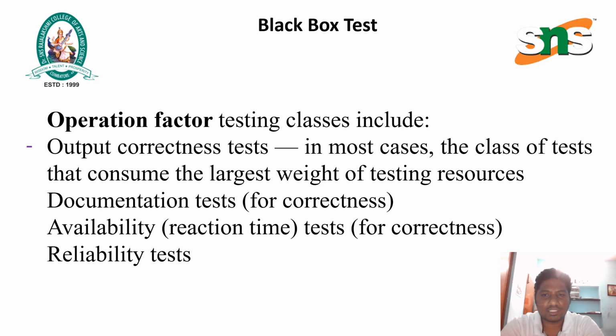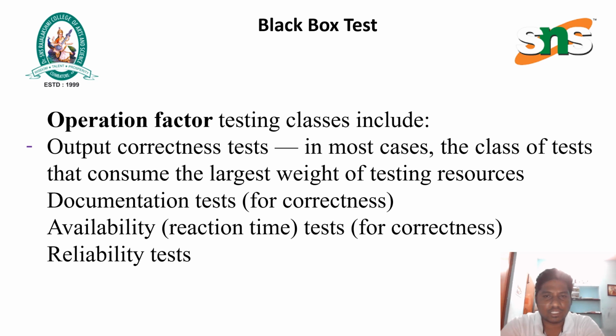In most cases, this class of tests consumes the largest bit of the testing resources. Then there is the documentation test for correctness, availability, reaction time, and the reliability tests.